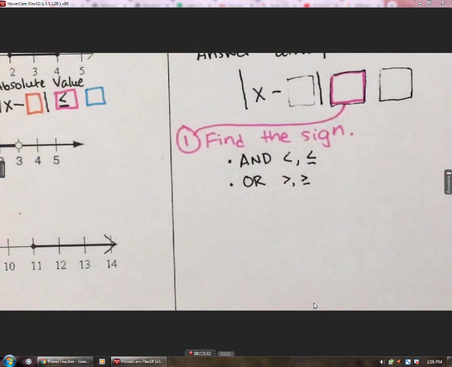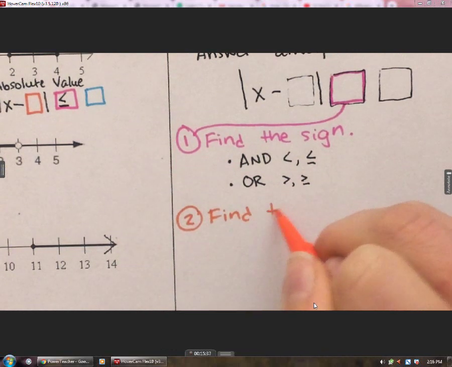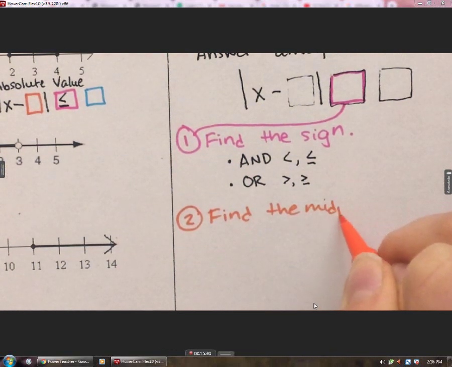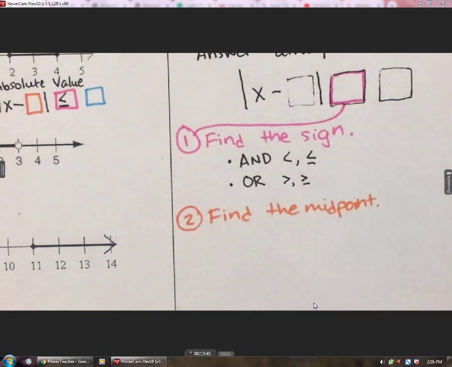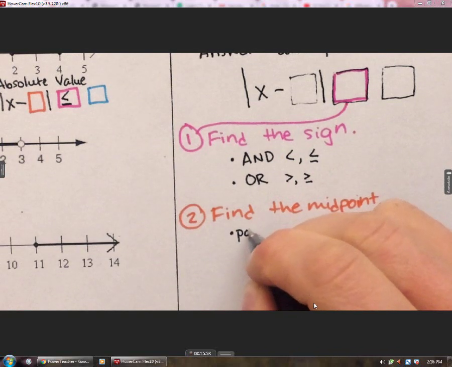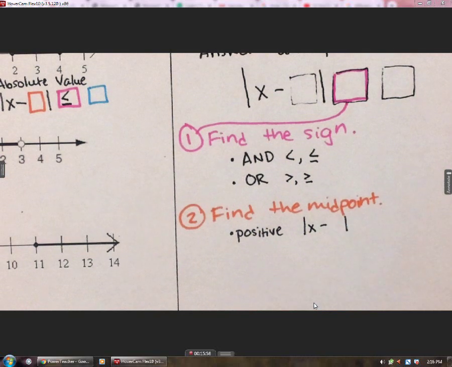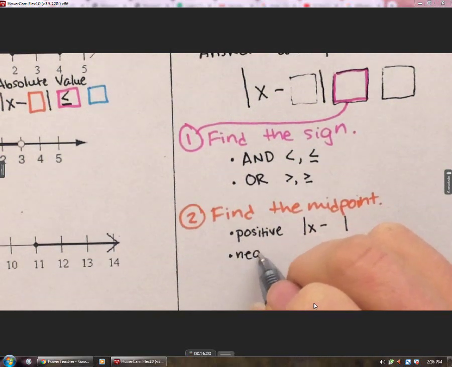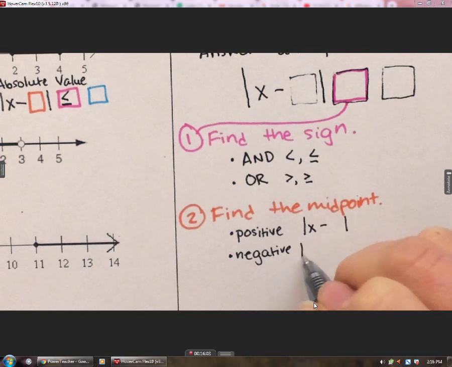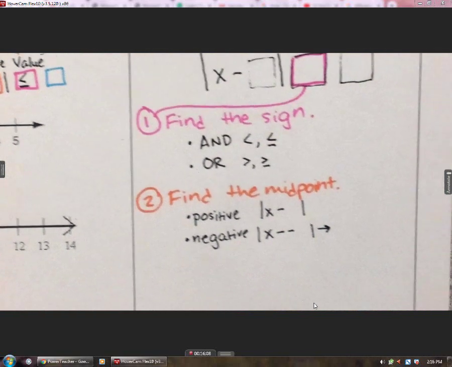Step 2, we need to find the midpoint. I'm going to make a note here that if it is positive, it'll look like x minus the number. But if it's negative, it would be x minus a negative, which turns it into x plus.